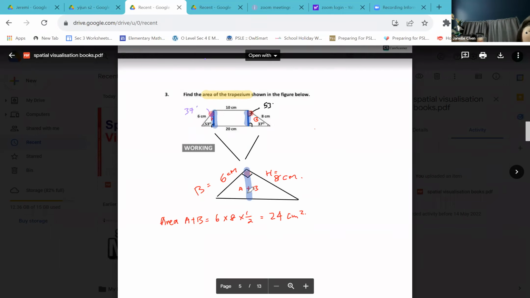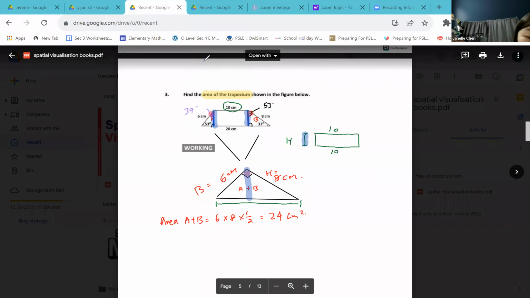So I'm going to use the triangle here to find the blue line there. In order for me to find the blue line, which is the height, which is required for me to find the rectangle, because if you look at the rectangle, if I draw it out, I'll know that this part here is 10, because at the top they told us this is 10. But then here, which is the height, the blue part, it still remains unknown. So if it is unknown, I cannot find my rectangle.